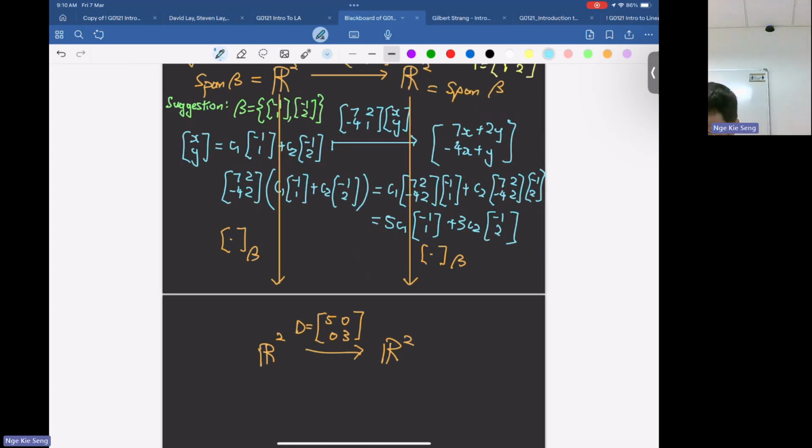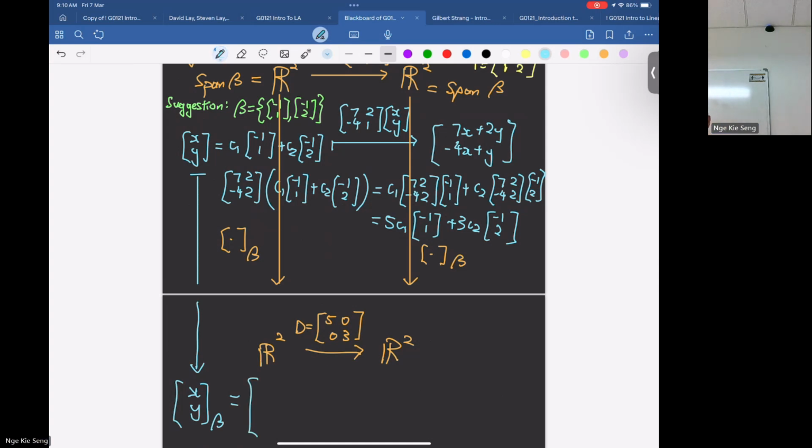Let's say we have this xy here. Where does this xy go? In other words, what's the coordinate vector of xy? What do you think? What's the coordinate vector of xy? A vector with respect to B.